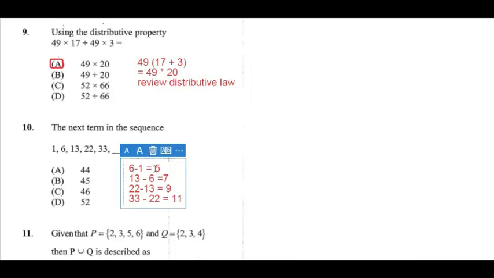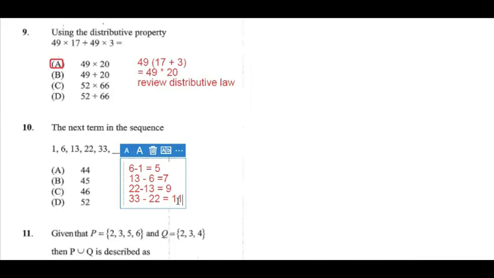So if you look at the sequence, you realize that the answers each time increase by 2, starting from 5. So it is 5 plus 2 to give us 7, 7 plus 2 to give us 9, 9 plus 2 to give us 11, which means that the next difference will be 13. So it would be 11 plus 2 to give us 13.